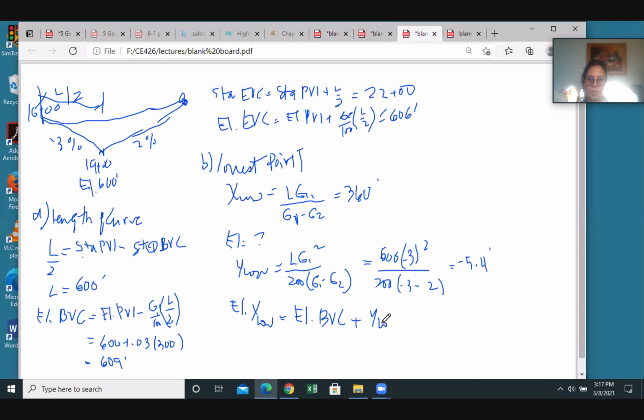So elevation of the BVC, we know, is 609 feet, minus 5.4 feet. And that gives 603.6 feet.